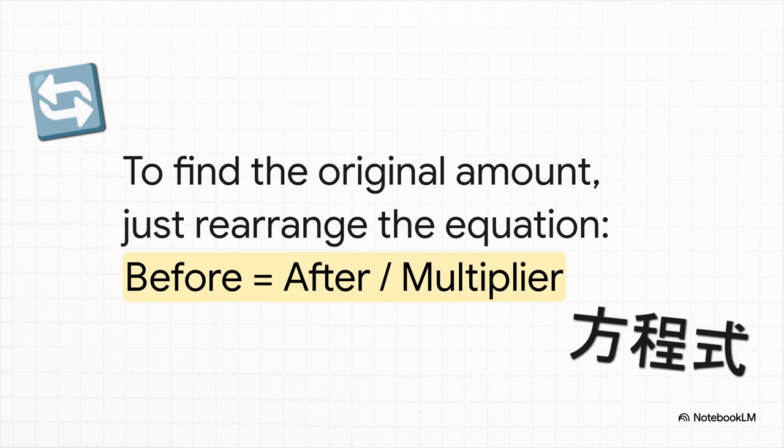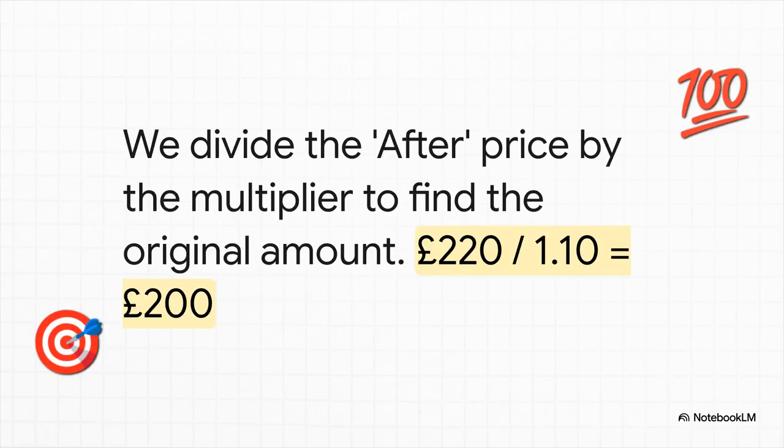To find the original amount, you just do the opposite of what got you here. You take the final amount and you divide it by the multiplier. It's the exact same logic, just in reverse. So we take our after price, 220 pounds, and we divide it by our multiplier, 1.10. And there's our answer. The correct original price was 200 pounds. The multiplier method solved the puzzle in one single logical step.